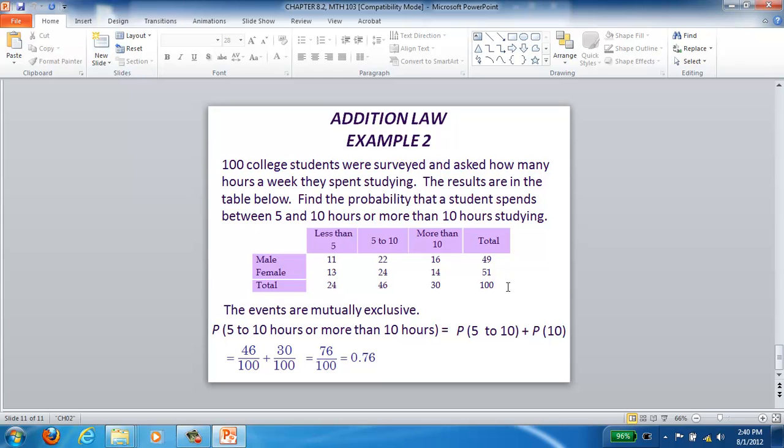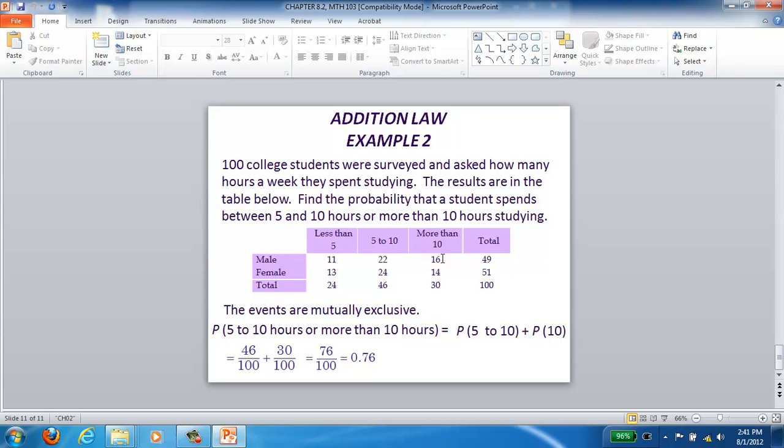So every time check if the events are mutually exclusive or not. An easy way is that if they are mutually exclusive, you have columns or rows that are parallel. Otherwise, you are going to have a column that intersects with a row. So in this case, the events are not mutually exclusive.